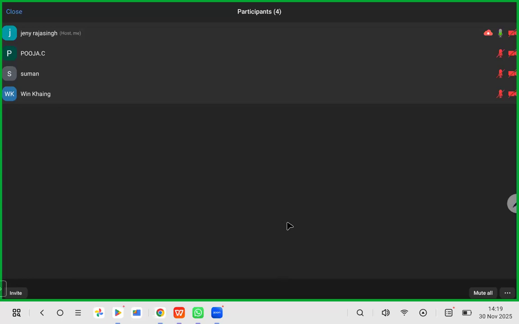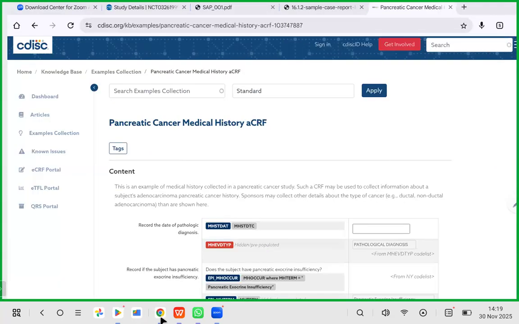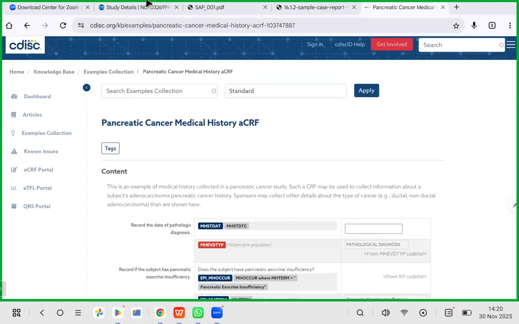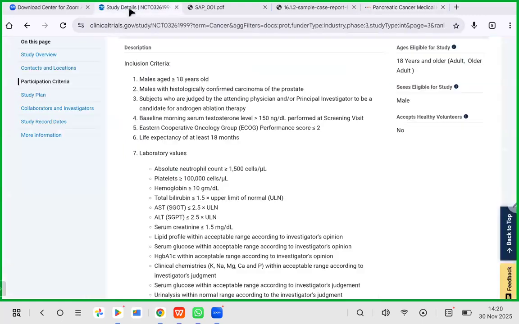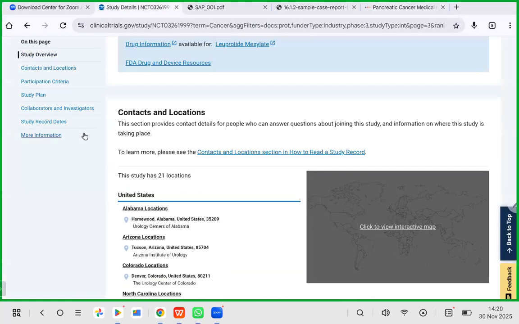I have not given the project for the basic part. Maybe at the end of advanced SAS, I will give a combined project. But for this session, I will give one assignment on how to read the protocol. You need to go to ct.gov and open any study, and I will ask you to give a summary about the clinical trial.